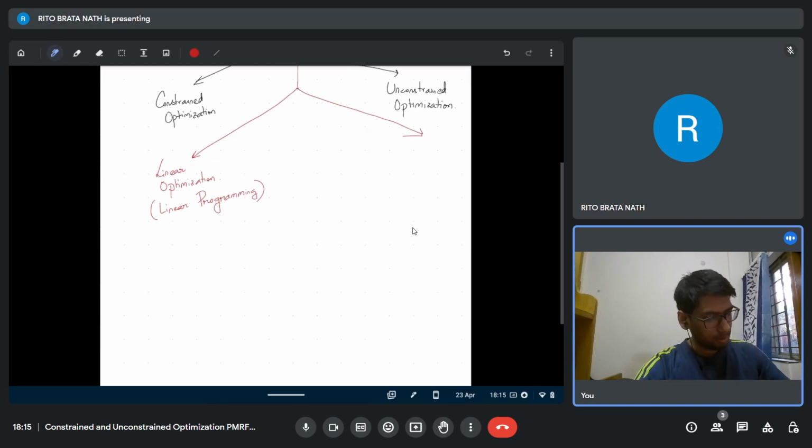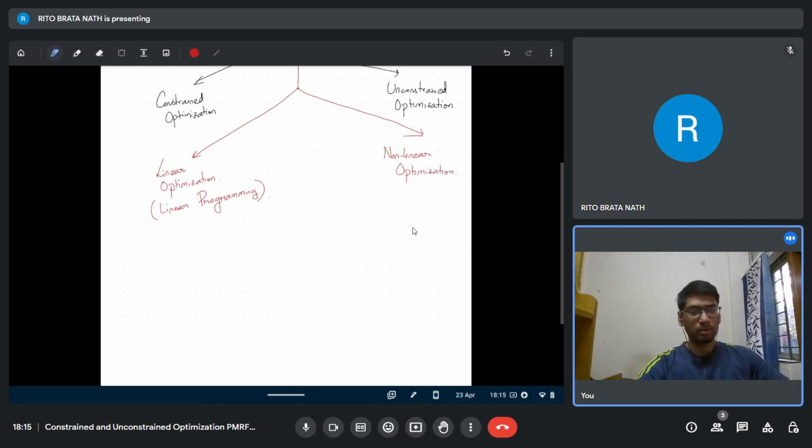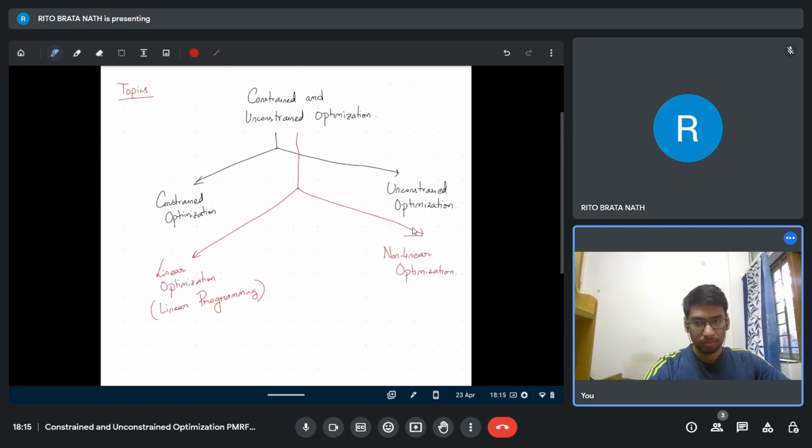And the other is nonlinear optimization. The first part was taught by Sir, and the second part was taught by Ma'am. So the things that you have learned: first, you learned various techniques of linear programming problems and how to solve them and so on.